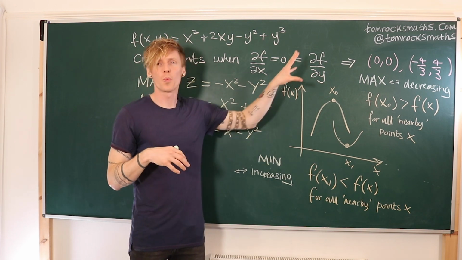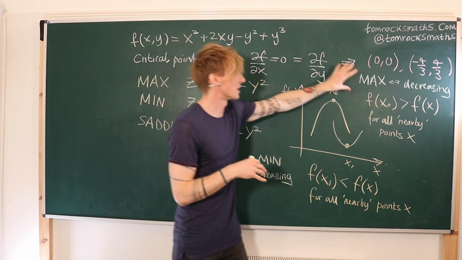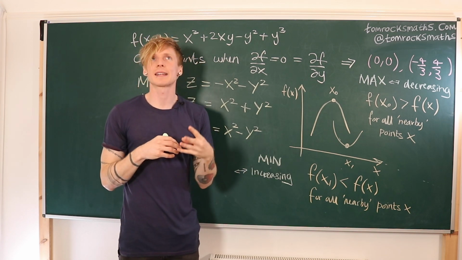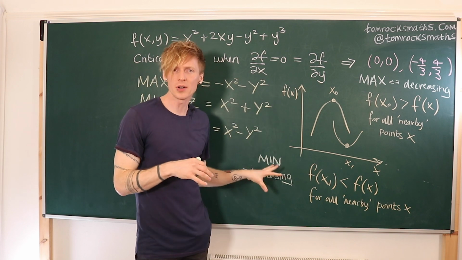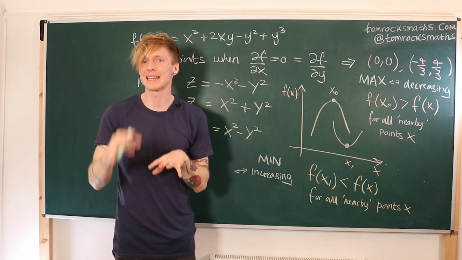Now, the way the second derivative relates to our maximum and our minimum has to do with the fact that at the critical point, we already know that the gradient is 0.